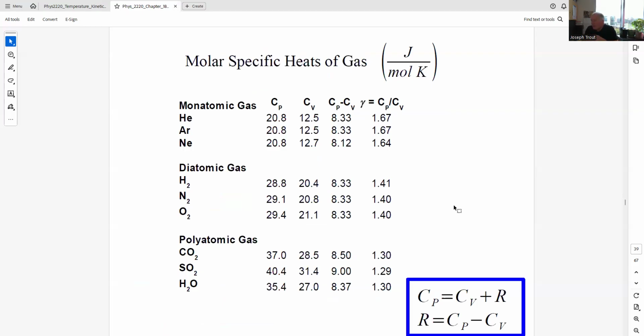We said that on average, for a monatomic gas, CP is about 21 joules per mol K and CV is about 12, which is about 5/2 times R and 3/2 times R. For diatomic molecules, we get about 21 for CV. And for polyatomic molecules, anything greater than diatomic, you better look up in a table.